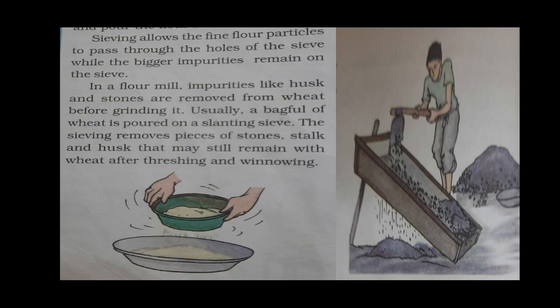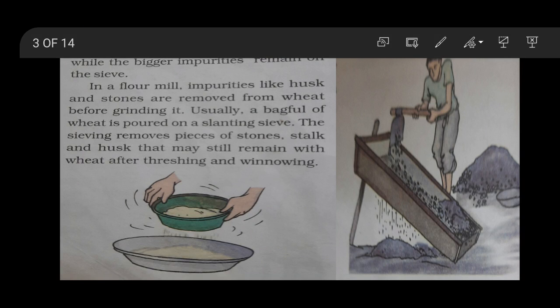Usually, a bag full of wheat is poured on a slanting sieve. The sieving removes pieces of stone, stalks, and husk that may still remain with wheat after threshing and winnowing.